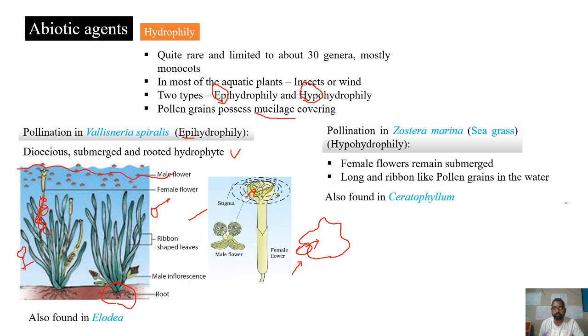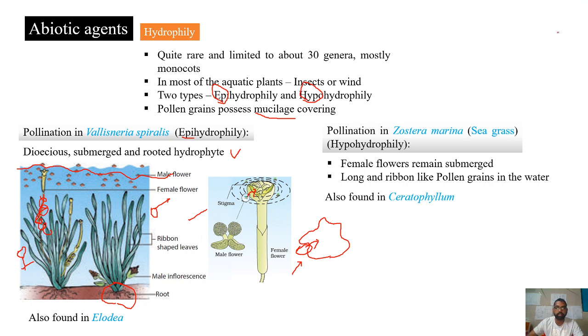Next, coming to the hypohydrophily, this you can see in the Zostera. For example, Zostera marina, the common name of which is seagrass. Here the female flowers remain submerged, not floating as in the case of the Vallisneria. The pollen grains are released directly into the water, and they are usually long and ribbon-like.